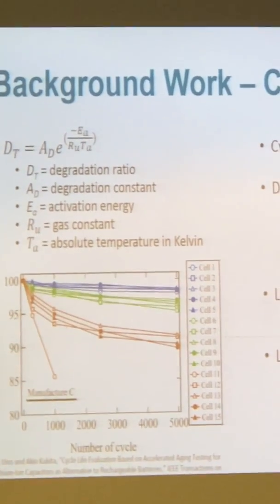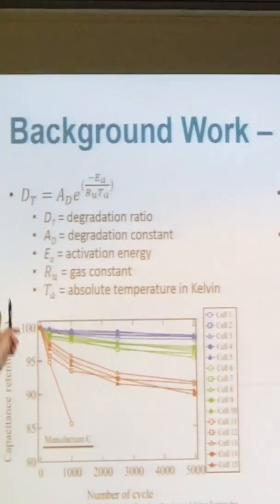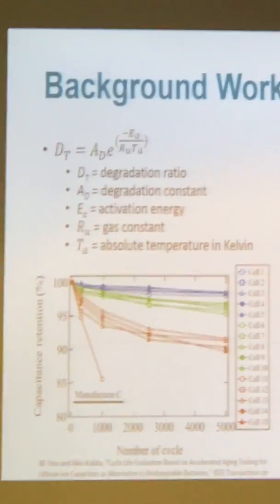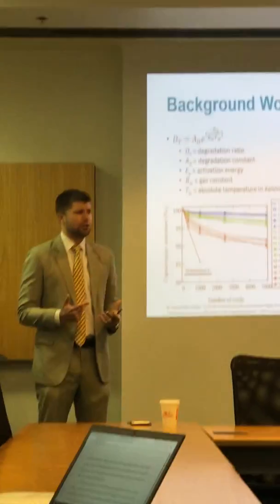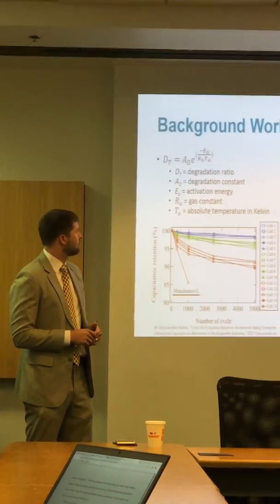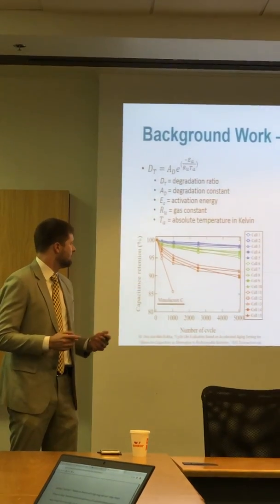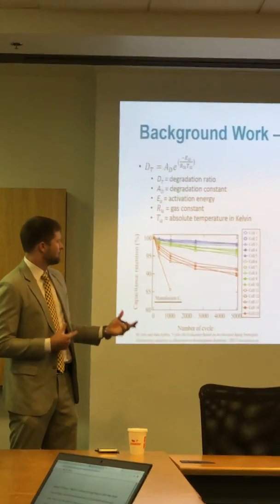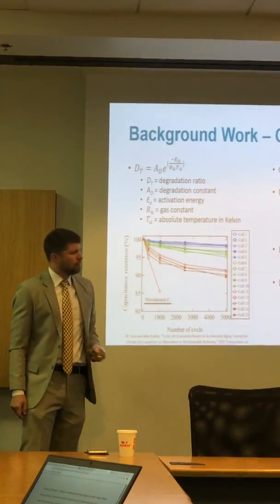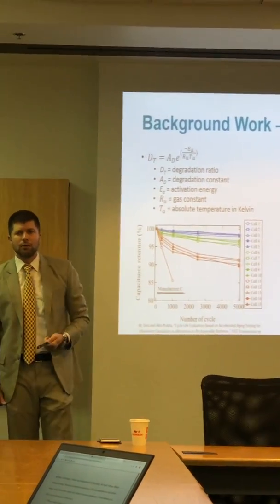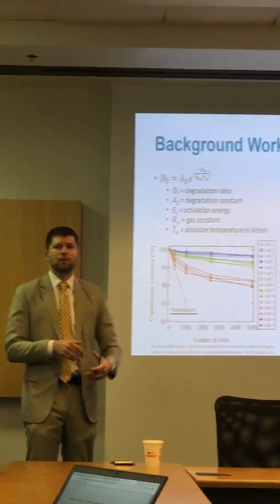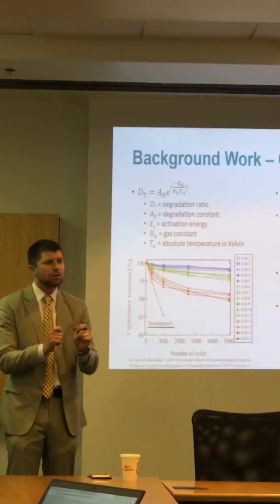The cycle life is very easily explained and depicted by an Arrhenius equation, and the only thing that really changes is the activation energy. As the temperature changes, the activation energy is the same, so you can very easily predict what the degradation ratio is going to be for an existing lithium-ion capacitor at a given operating temperature.